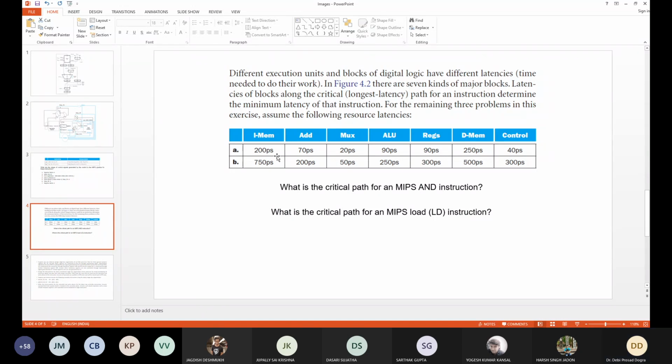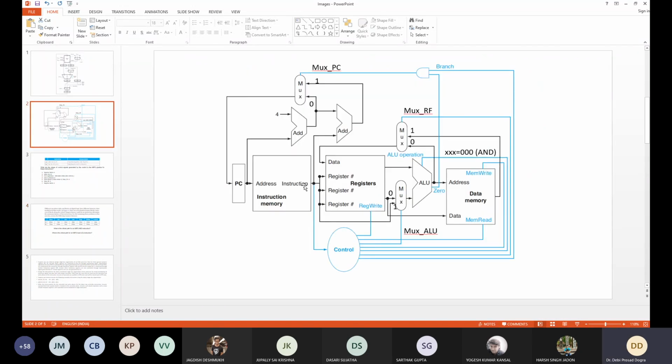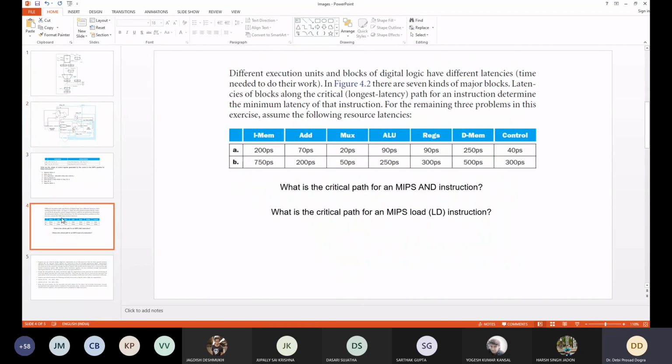And then where does it go? Then it goes to the registers. If you want the values to come out of the registers, how much time does it take? Let's say the registers take 90 picoseconds to read the value.